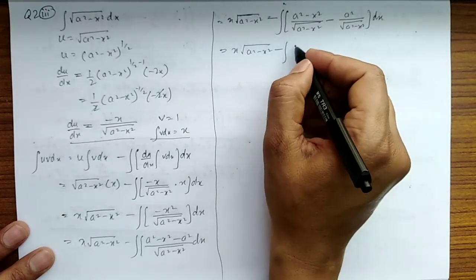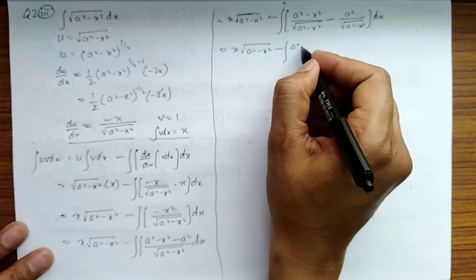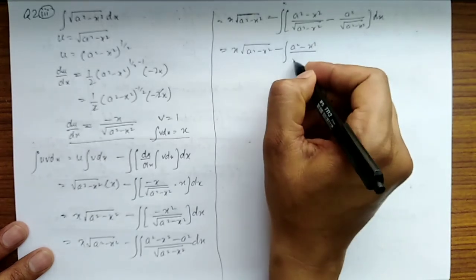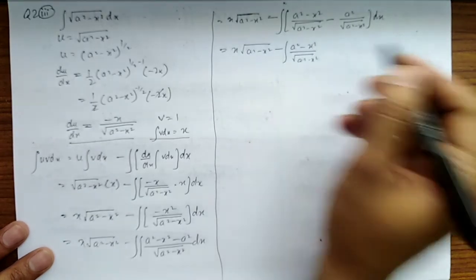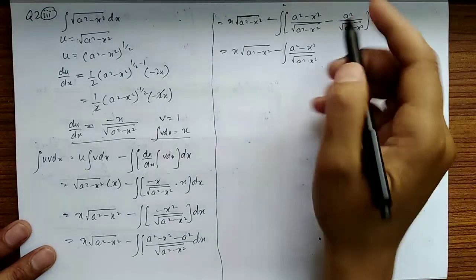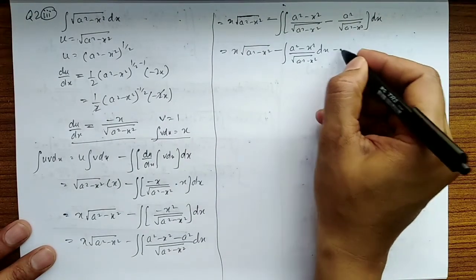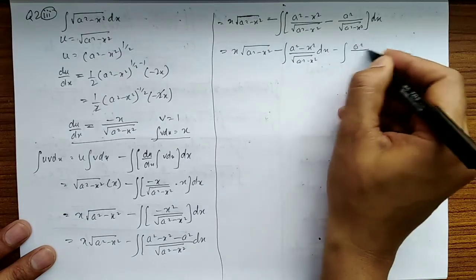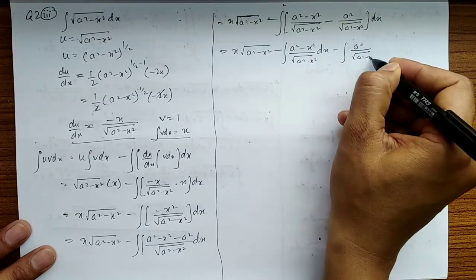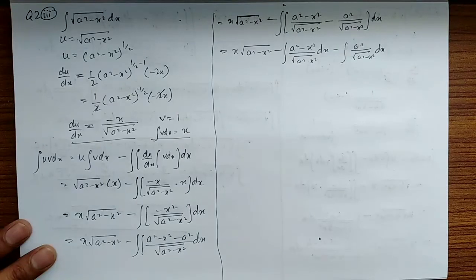Apply the integral on each part separately: the integral of a square minus x square upon root of a square minus x square dx, minus the integral of a square upon root of a square minus x square dx.